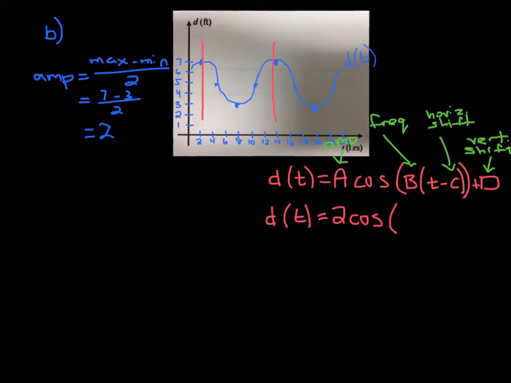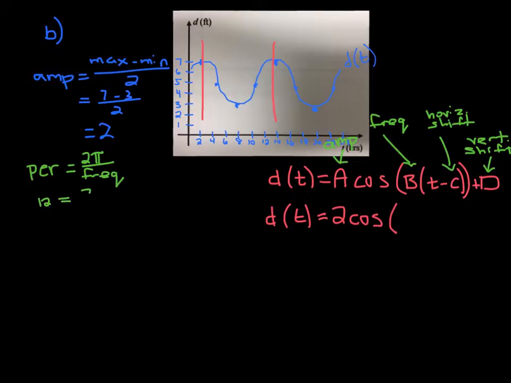Now we know that in our formula, period is equal to 2 pi over our frequency. Now the period is just the horizontal length of one complete cycle. So horizontally, we're going from 2 up to 14 to complete this cosine curve. So 14 minus 2 is 12. So it takes 12 units to complete this cosine curve. So the period is going to be 12. So I'm going to replace this period with a 12.